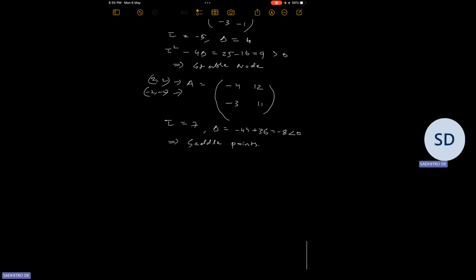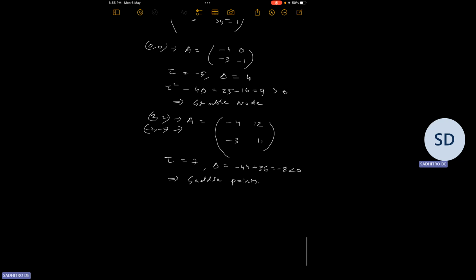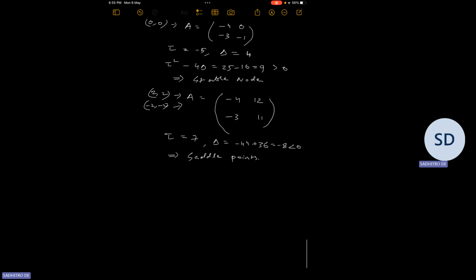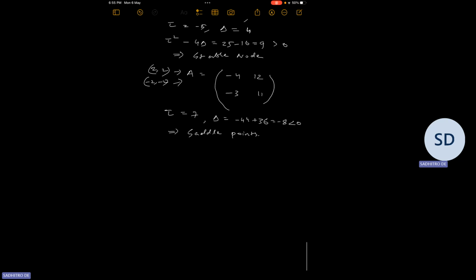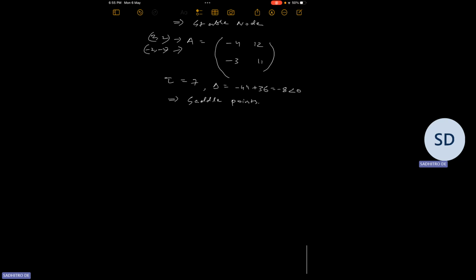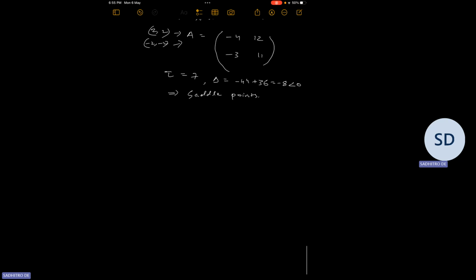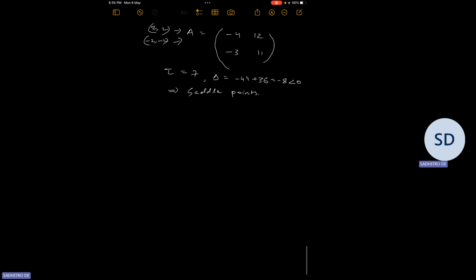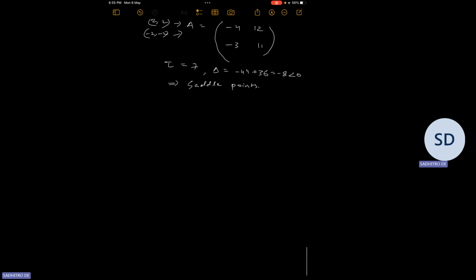Now we can also compute the stable and unstable eigendirections for these 2 points. First you have to find the eigenvalues of this matrix. So the eigenvalues are basically given by the solutions to the equation.